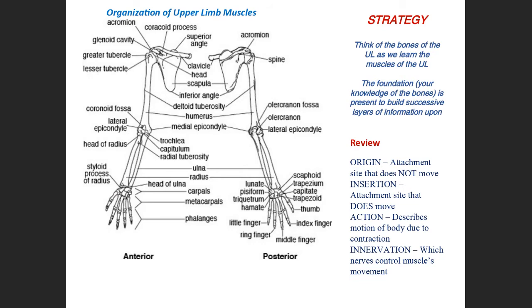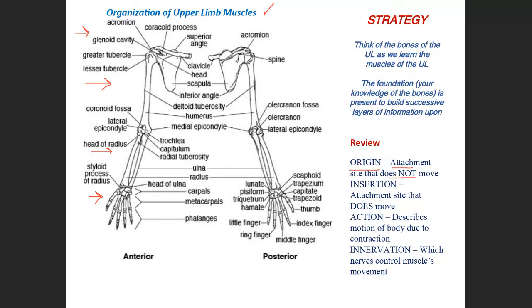So this is an organization of what we just talked about. The glenohumeral region. This is the brachium, the antebrachium, and the manus. So again, the origin is the attachment site of the tendon that does not move.